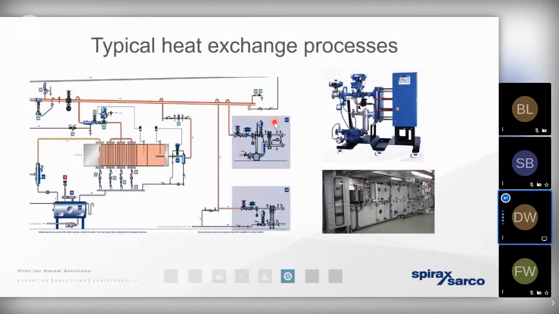So typical heat exchange processes could be what we refer to as a closed loop heat exchanger, where there's no risk of contamination arriving into that process, or it could be a direct injection system. And that's when we need to give a little bit of thought to the risk of potential contamination.